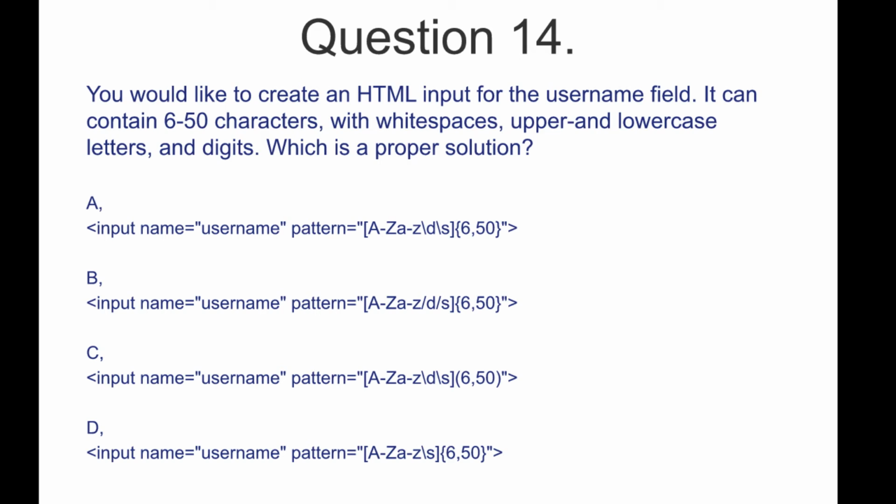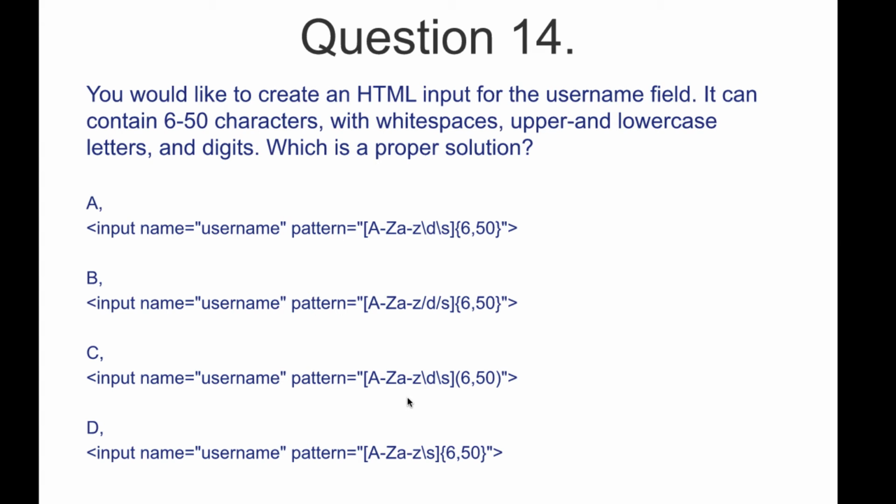So looking at A, we're looking at the pattern for the input. Option B, we've got a different pattern for that input. Option C, we've got another pattern option for the input.